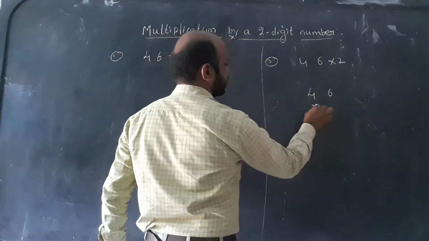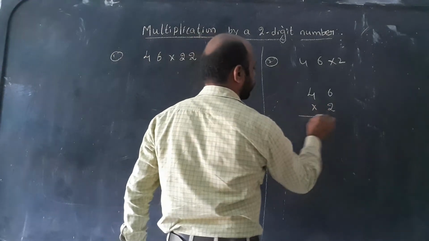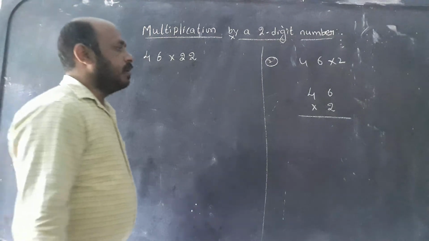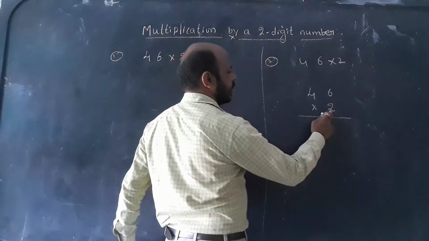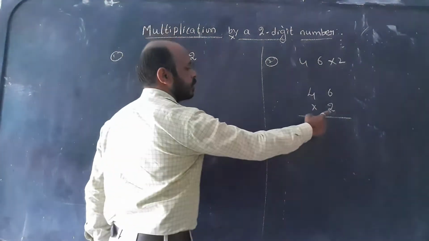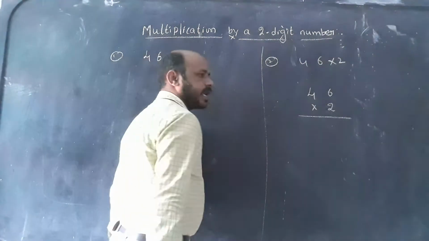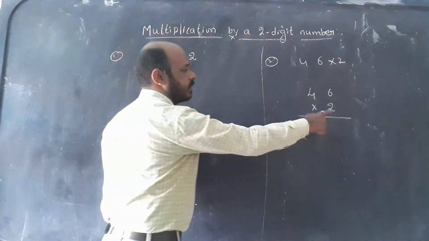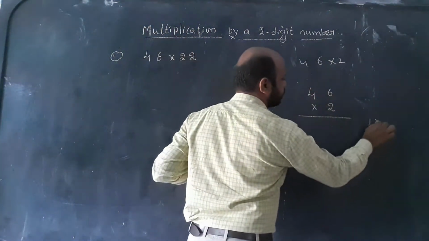We arrange 46 and 2 in column method, then we have to find the product. Here we require the two table. Multiply from the ones place onwards. 2 sixes are 12.